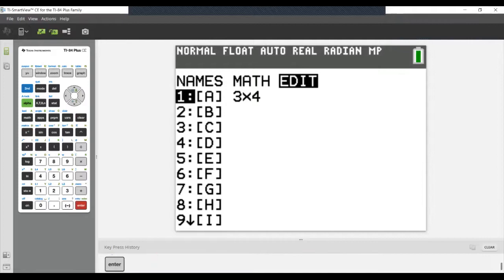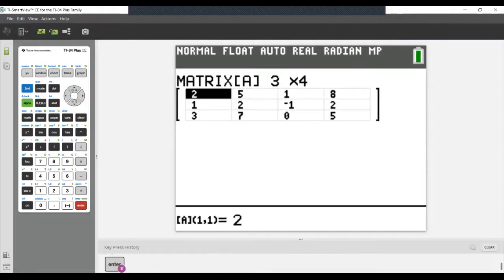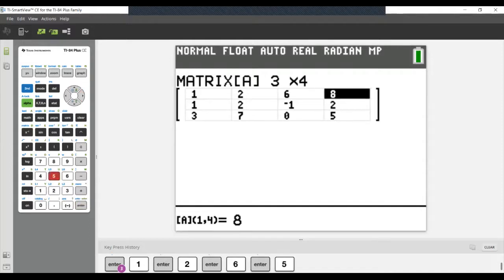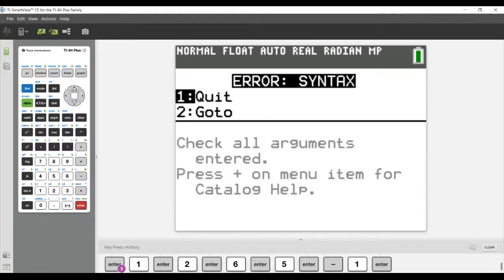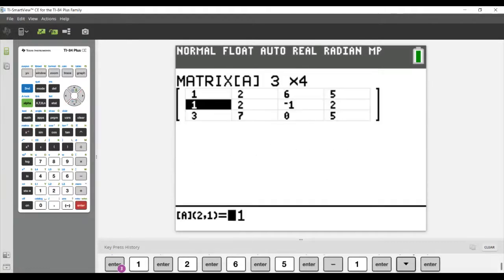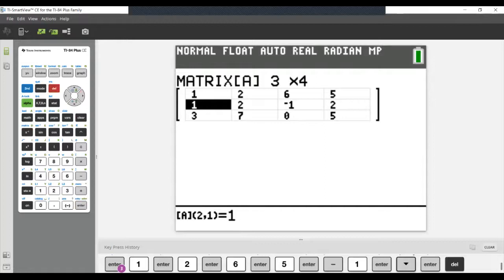Let's edit the matrix so that we can put in this matrix of 1, 2, 6, and 5. Minus, I have to do not subtract 1, I have to do a negative 1. There we go.